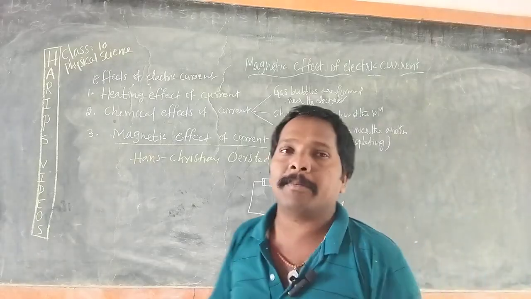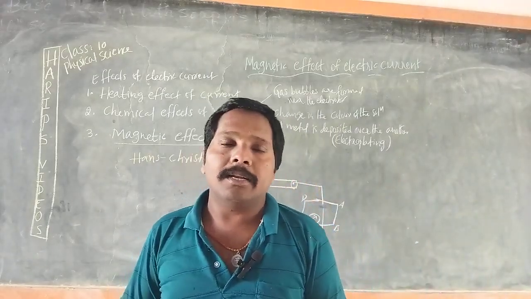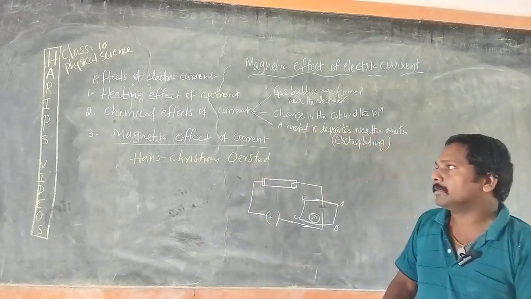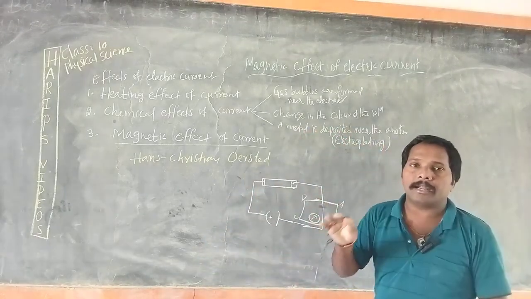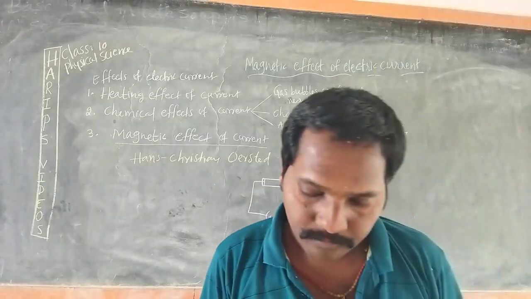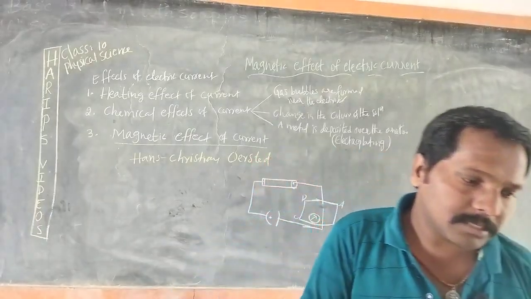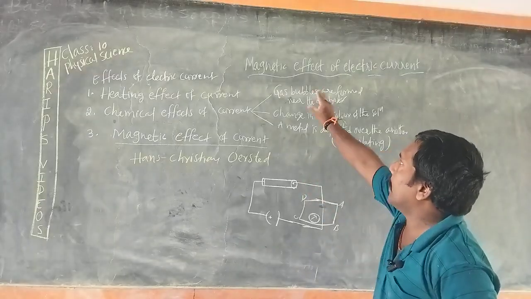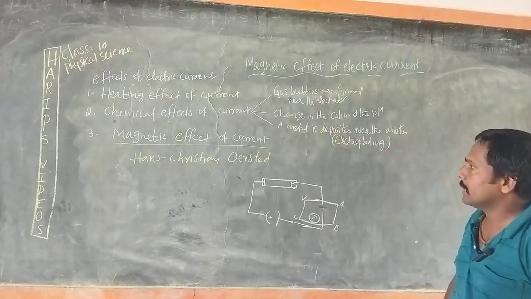Through the Ørsted experiment, we can understand that there is an interconnection between electric current and magnetism. Electricity and magnetism. Right? So this is the introduction to the magnetic effect of electric current.